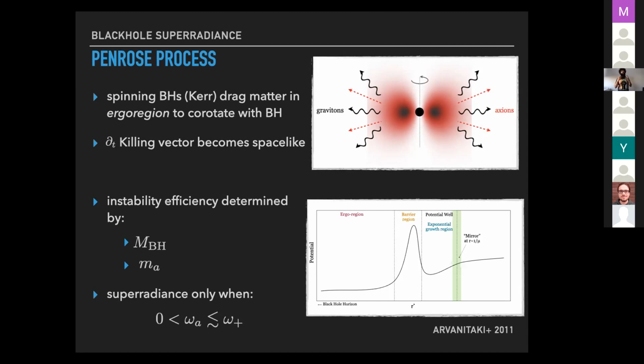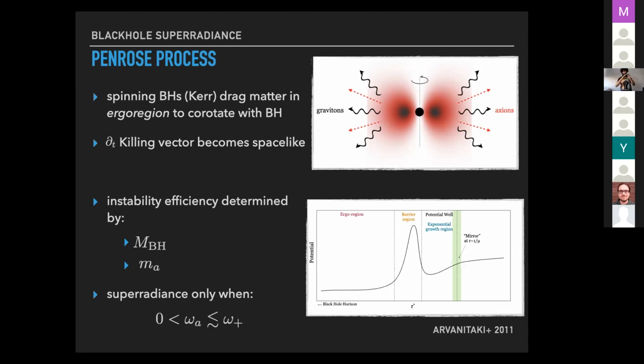And the fine structure constant is essentially dependent on the two scales in our problem. That is the size of the black hole, which gives us the mass, and the Compton wavelength of the bosonic field, which also can give us the mass of the bosonic field.